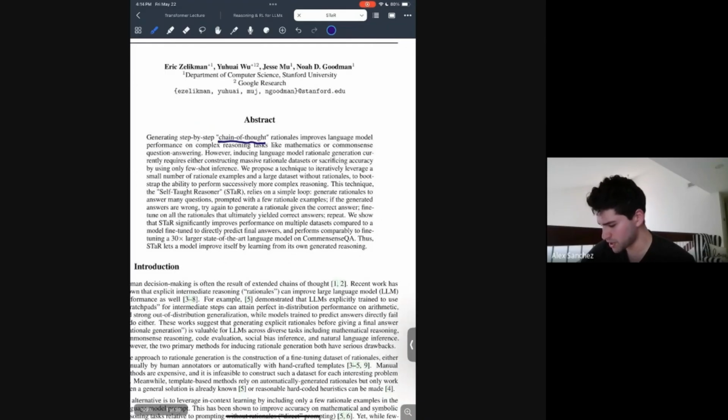And so they talk about it right here. Inducing large language model rationale requires either constructing massive rationale data sets or sacrificing accuracy by using only few-shot inference. That's what we were talking about, right?